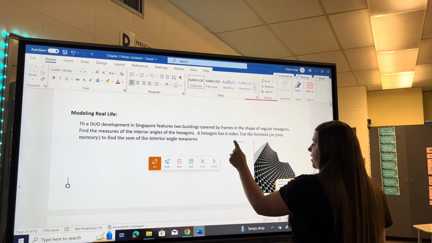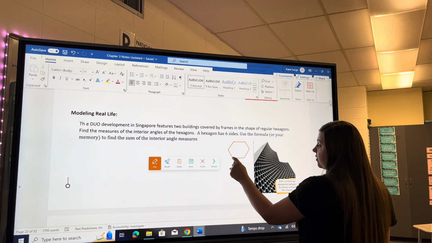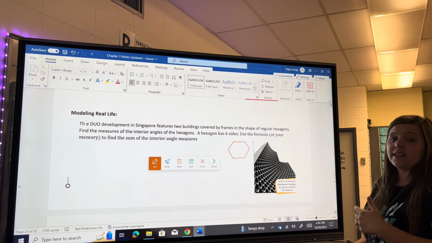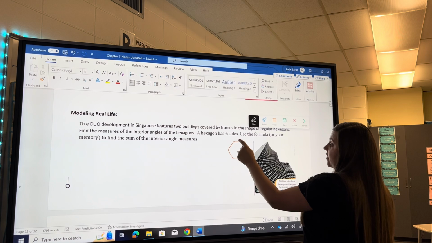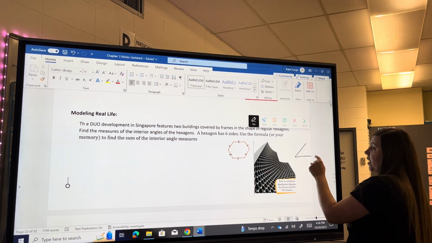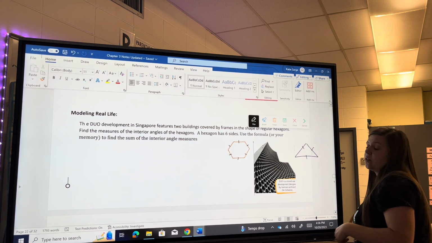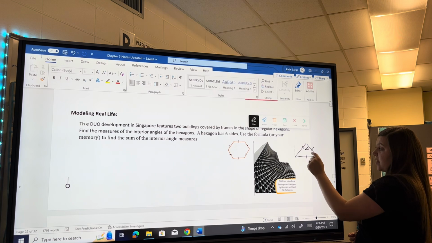And that's really important to know in order to answer this question. So all of these hexagons that are on this building are exactly the same, and all of their side lengths are exactly the same. And when I told you that about an equilateral triangle, when all of those sides were the same, all of their angles were also the same, right?